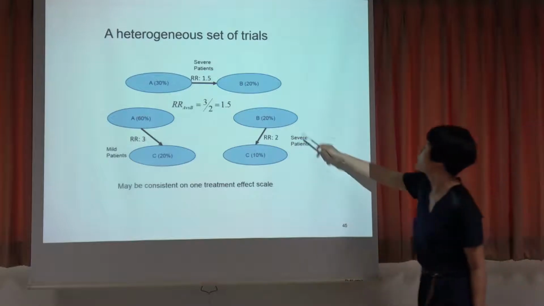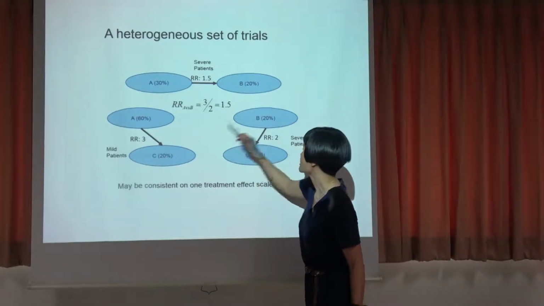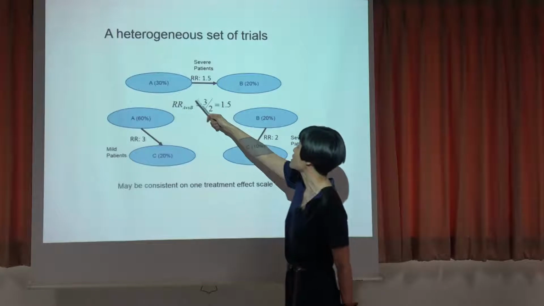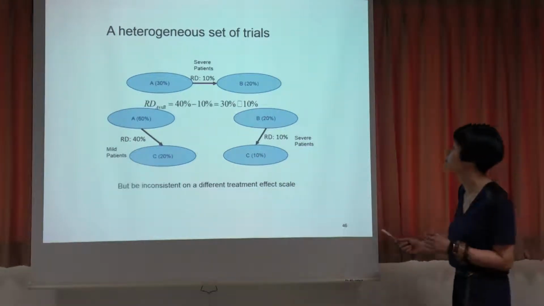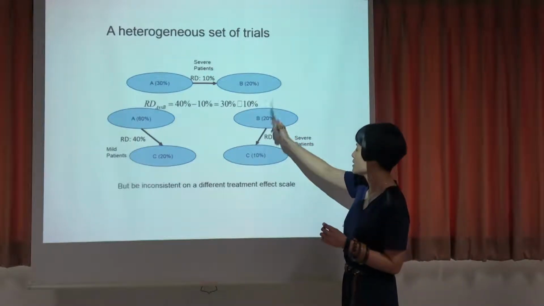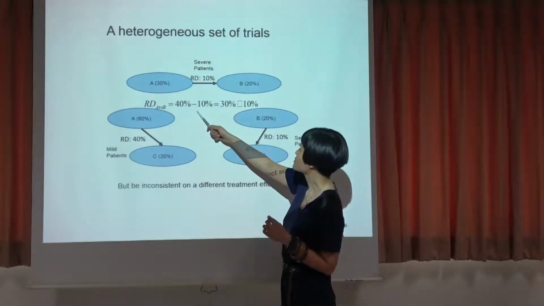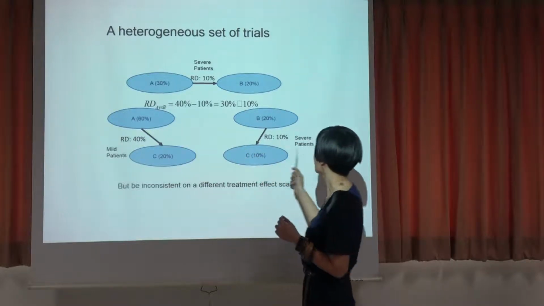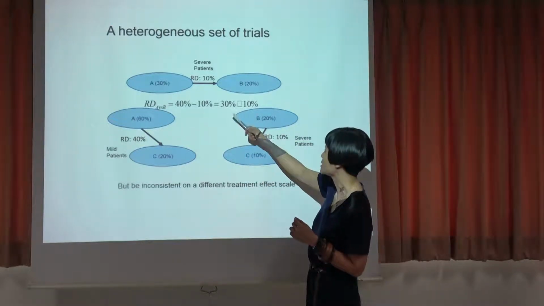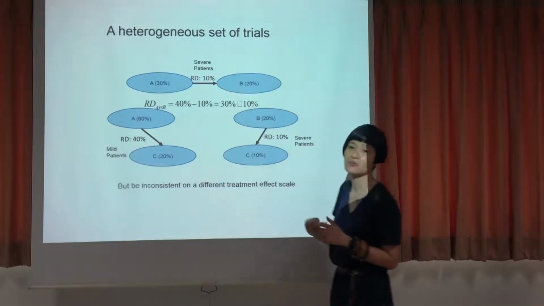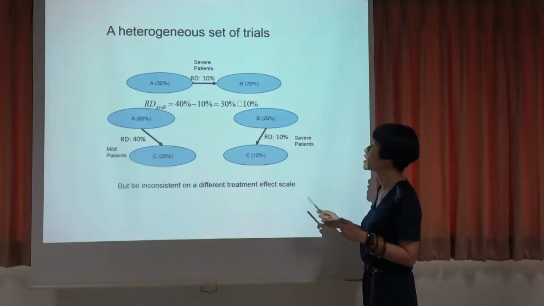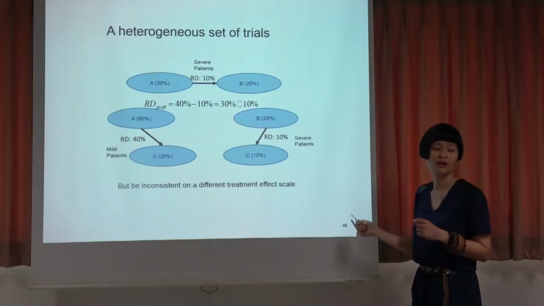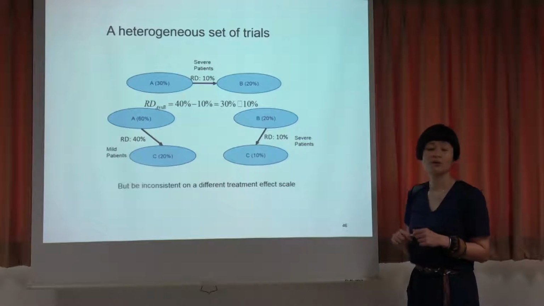So the treatment effect here in the bubbles are the same, 60% and 20%, 20% and 10%, 90% and 20%, and this is on the relative risk scale. But if you look at it on the risk difference scale, the adjusted comparison is basically 40% here minus the 10%, which gives you 30%, which is not equal to the 10% that's observed in this set of trials. So the scale that you use in your calculation may have an impact on the measure of consistency.